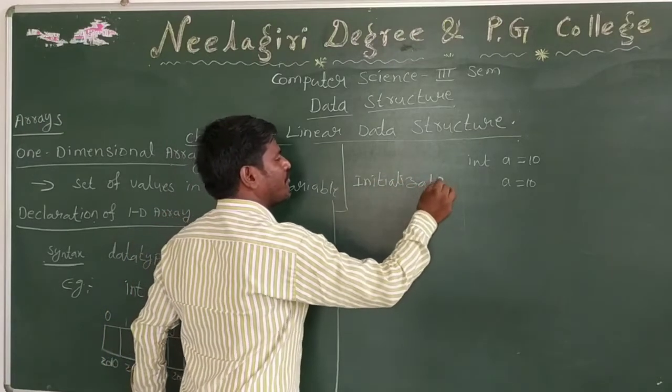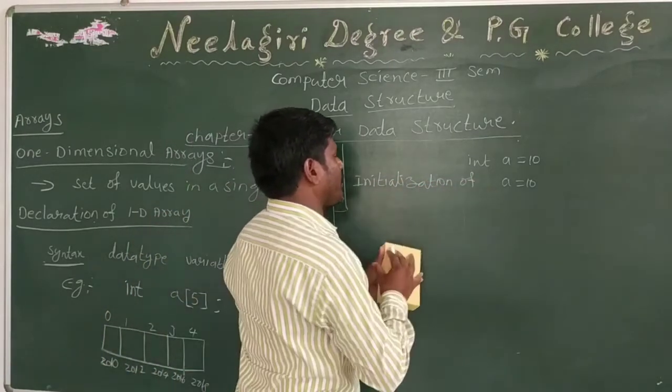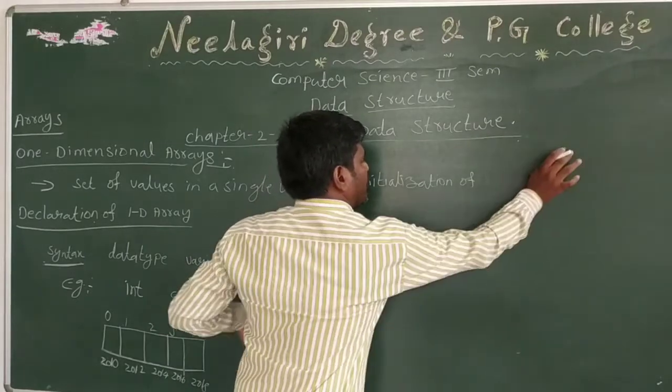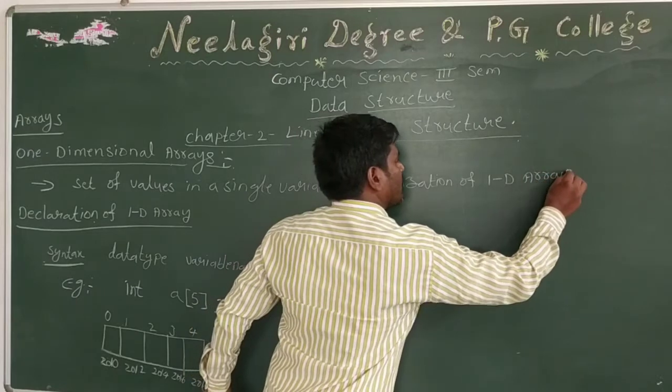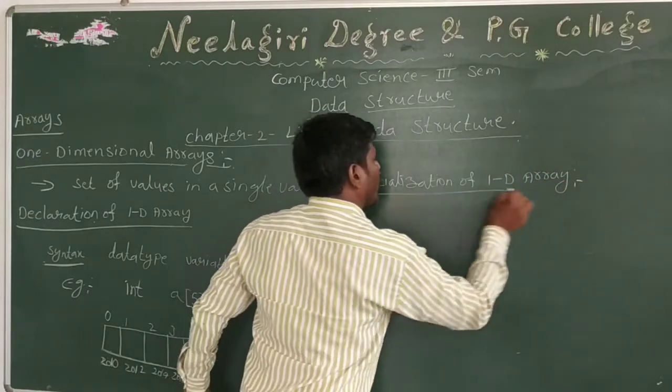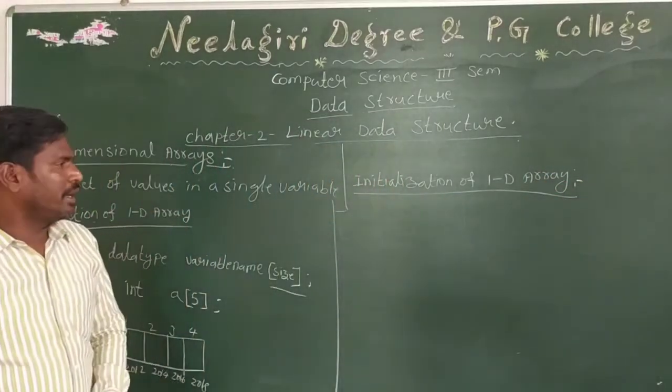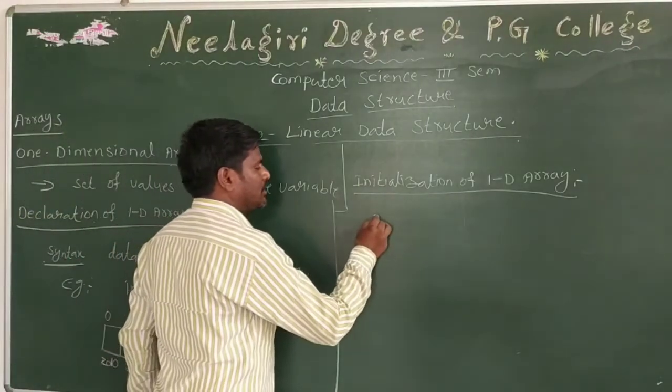Initialization of one D array. A one-dimensional array can be initialized like this.